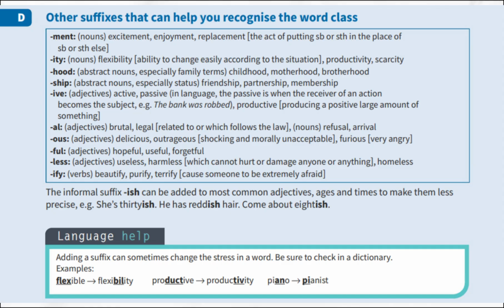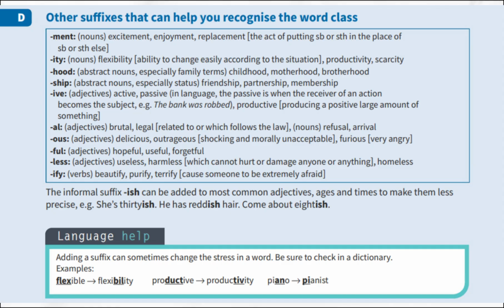For example, useless, harmless, which cannot hurt or damage anyone or anything, and homeless. -ify forms verbs. For example, beautify, purify, and terrify, cause someone to be extremely afraid. The informal suffix -ish can be added to most common adjectives, ages, and times to make them less precise. For example, 30-ish, reddish hair, and 8-ish.